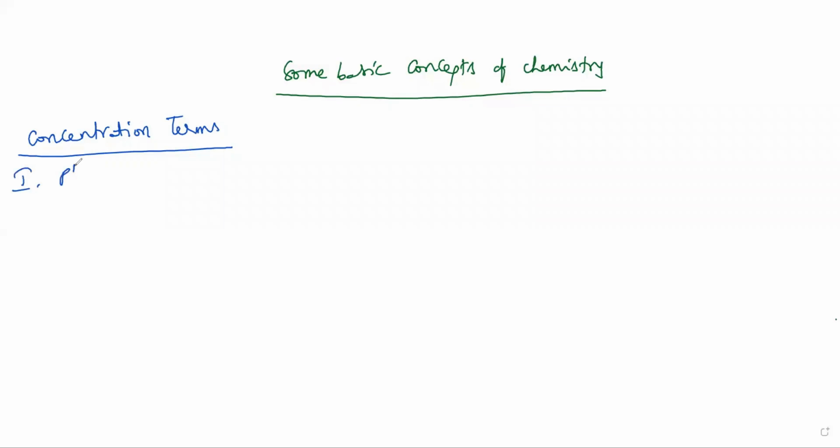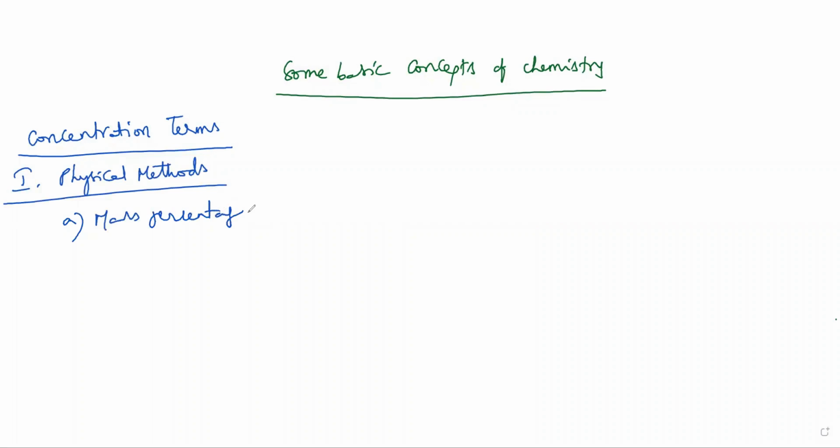In that first one, physical methods. Okay, so physical methods means mass percentage, right? That is weight by weight.